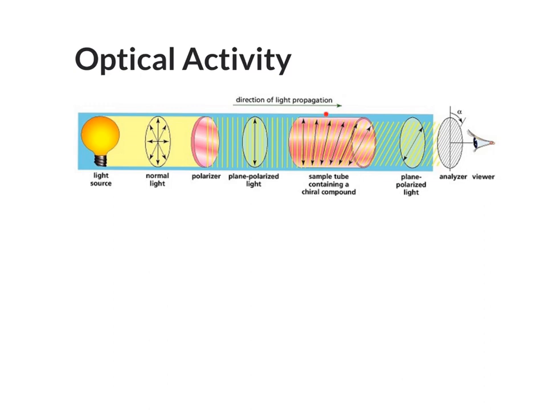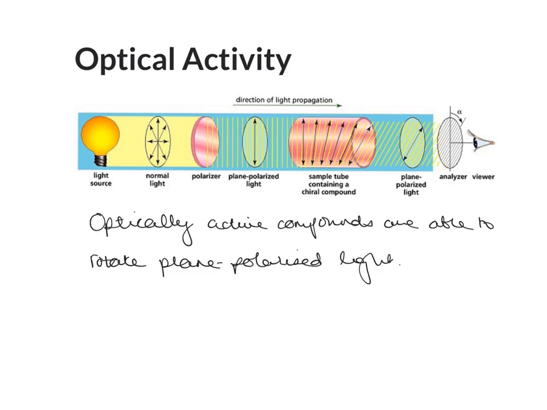And if you have a sample containing the opposite isomer, it will rotate light in the opposite direction, so that it oscillates by the same angle but the opposite way. So this is really important. It's such an important feature that they have.